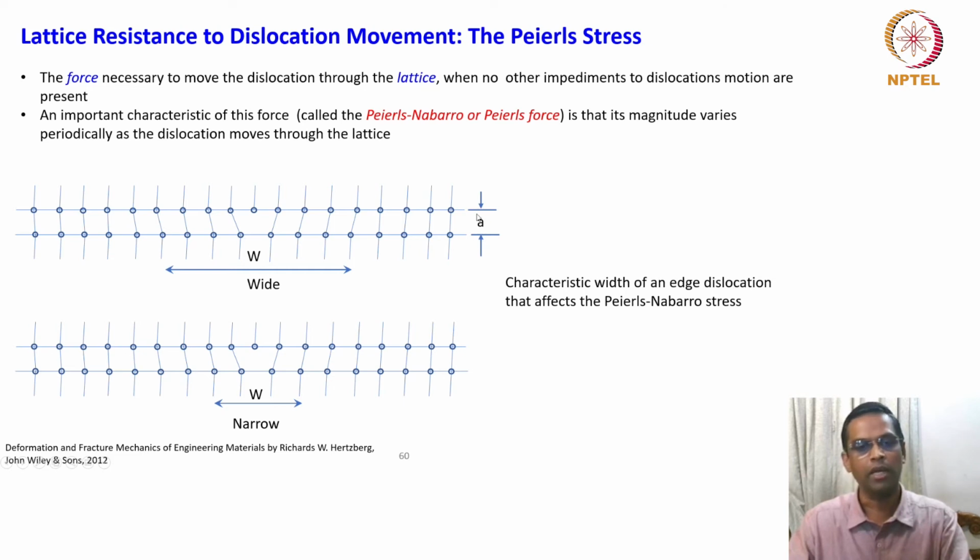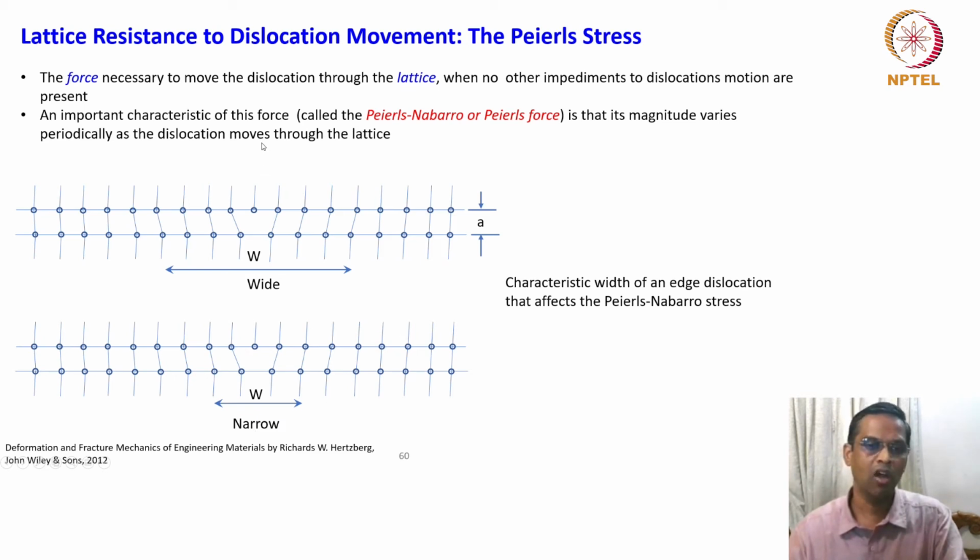This is the lattice parameter A, and something I have marked here as W, and a similar thing where I have written wide, and this W is narrow. So what is W? Let us try to understand that first.